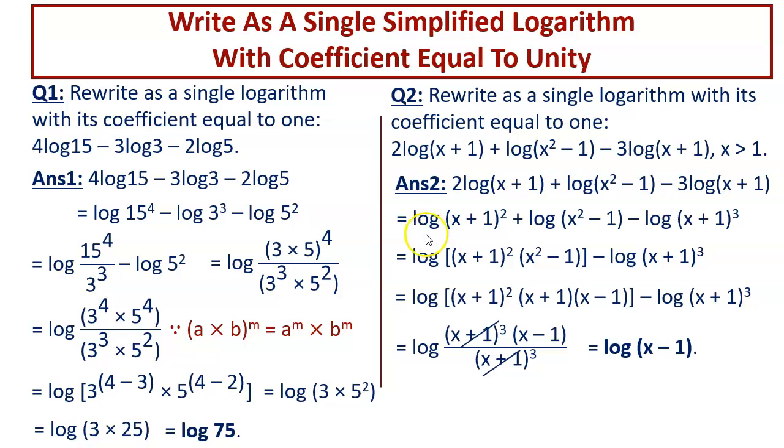Of course, there should be the log word in front, and the base is of course equal to 10. We could have written that as our final answer because that would have been a single log term with a coefficient of 1. But that would not have been a simplified log term. Okay, so this is the simplified single log term having a coefficient equal to unity or equal to 1.